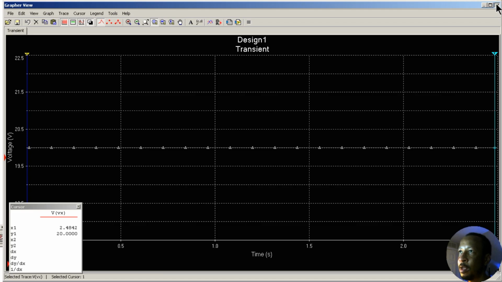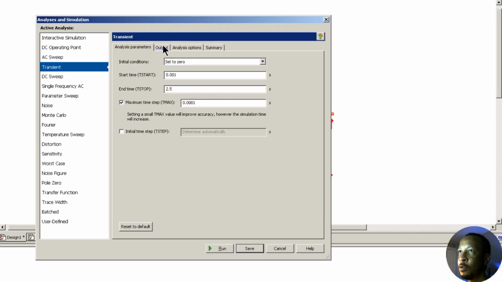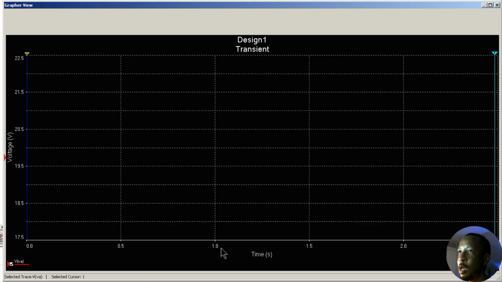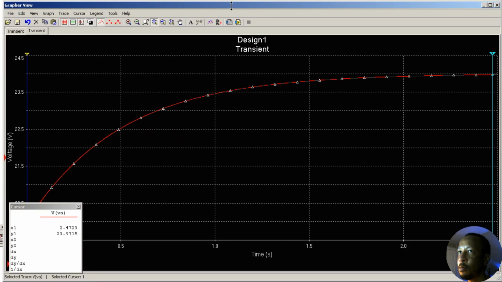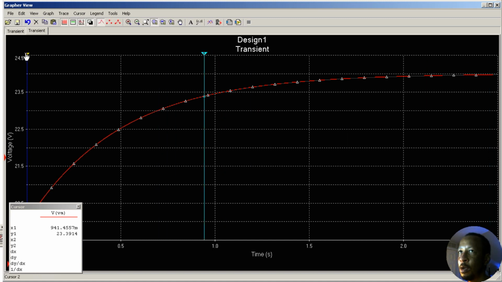That was Vx. Now, going back over to VA. Let's go ahead and run that. What do we get? Okay, we get this type of curve. Now I'm going to start to compare that with my MATLAB script, about 0.5.